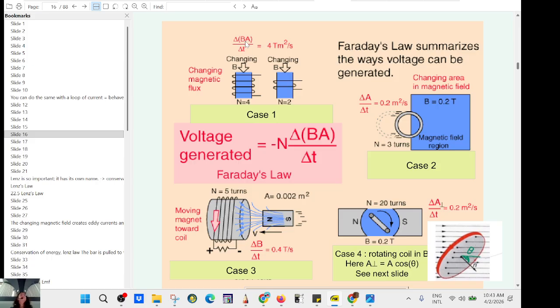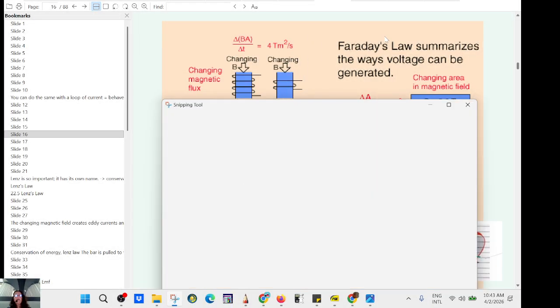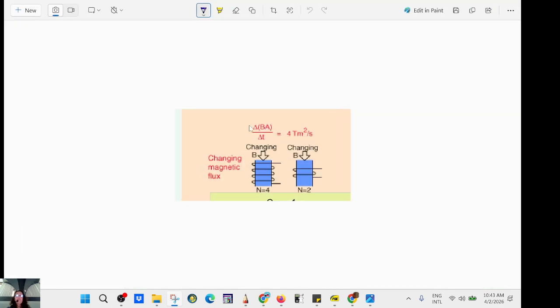Right, you already have d phi over dt, so you already have the EMF. If you decrease by a factor of 2, so okay, let's make it clear. So you have this, right?